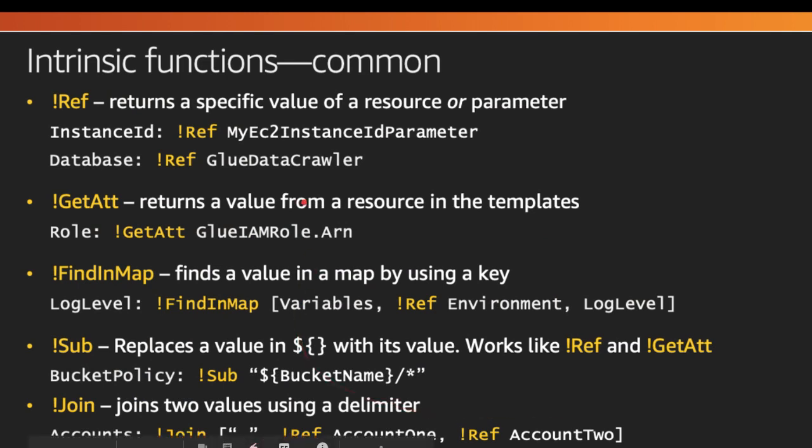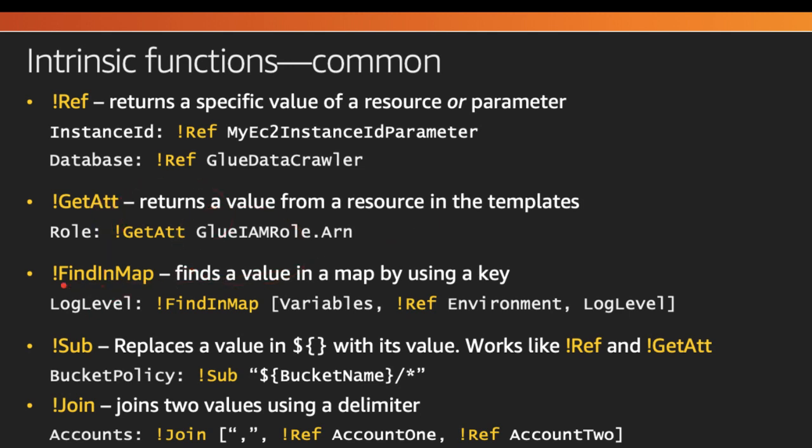These are very common intrinsic functions. The first is Ref. This returns a specific value of the resource, and you could get a value from a resource in the template. So this is within the template.